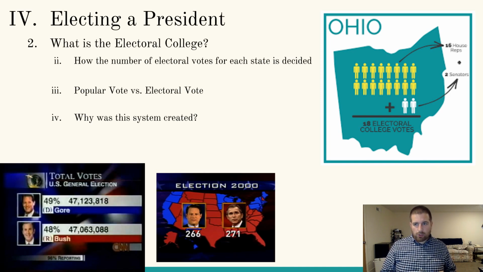So, if the majority of people in 2012 voted for Barack Obama, that means Barack Obama had the popular vote. He also had the most electoral votes. So Barack Obama in 2012 and in 2008 won the presidency with the popular vote and the electoral vote.